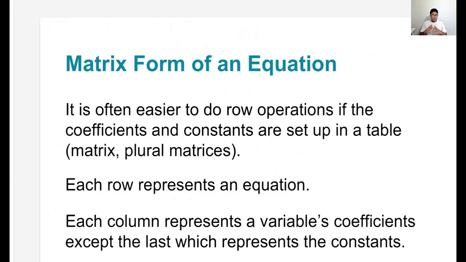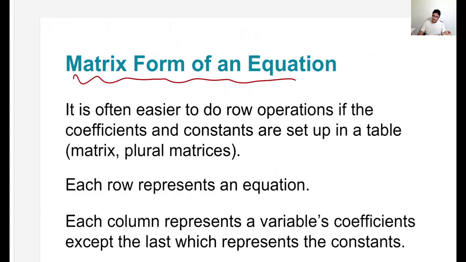Now, we did all that work directly on the equations. And one thing we noticed there is we are writing the equations again and again, and the variables x, y, z again and again, right? The matrix form is where we try to make it more condensed and not write variables, write only the numbers.